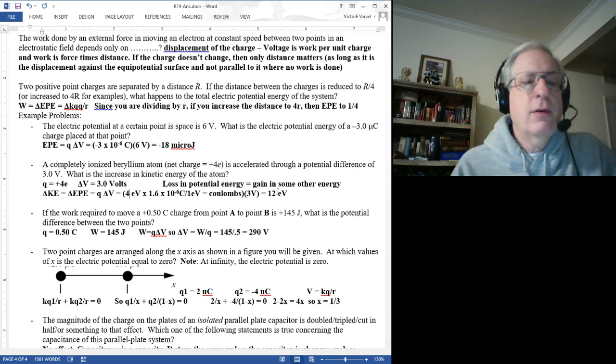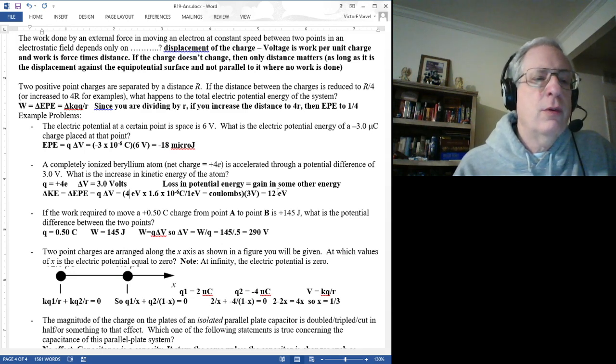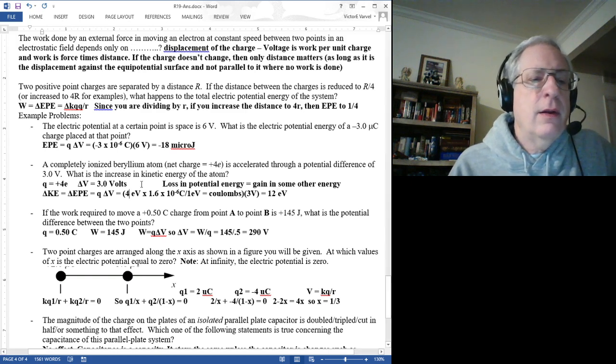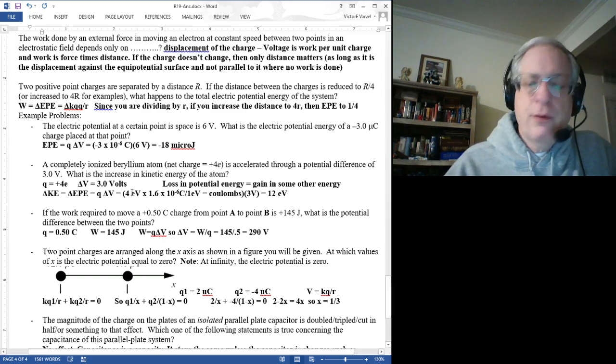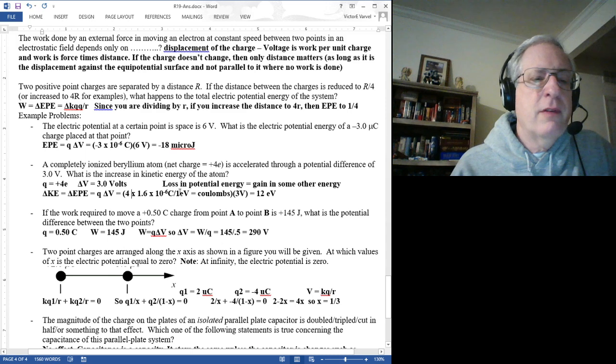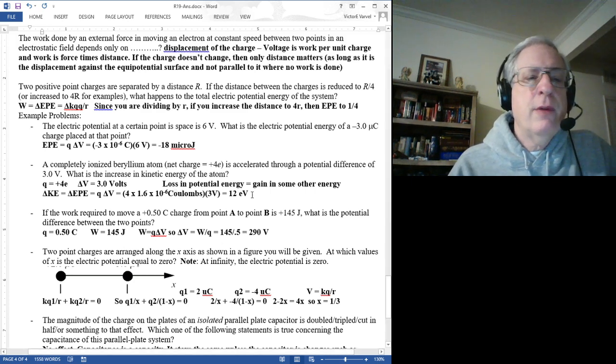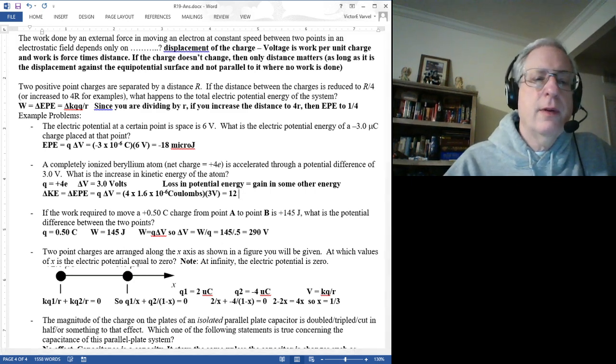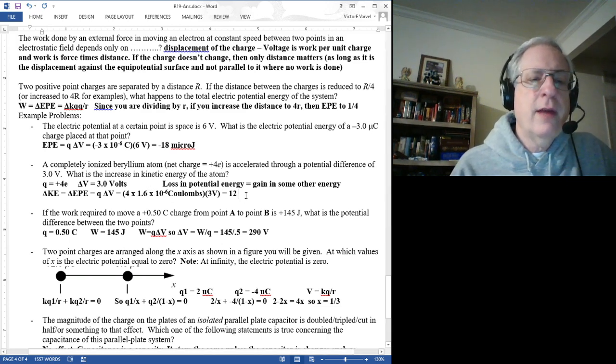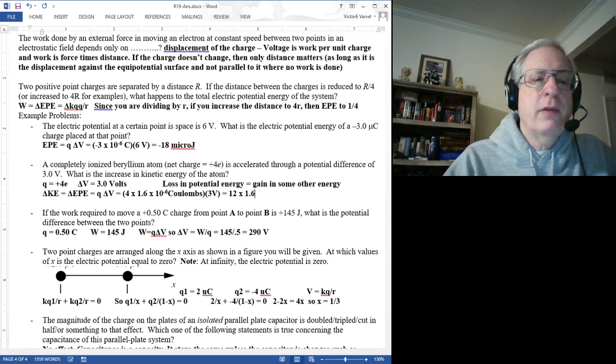It's just 4 times 1.6 times 10 to the -19 coulombs to convert it to coulombs, times 3 volts, which would be 12 times 1.6 times 10 to the -19.